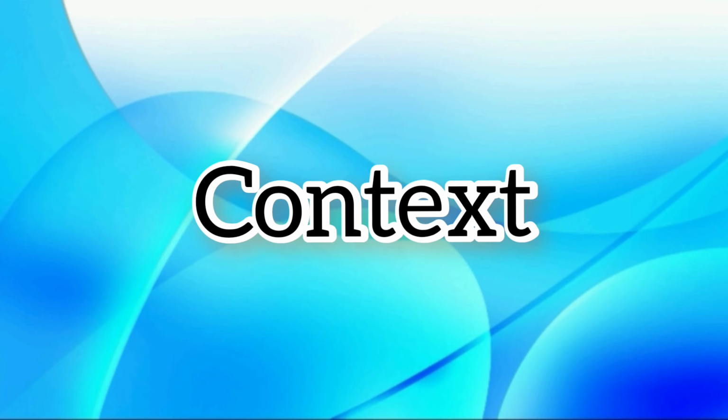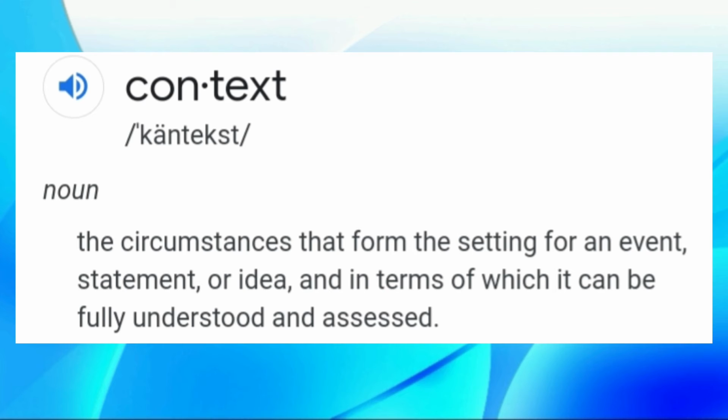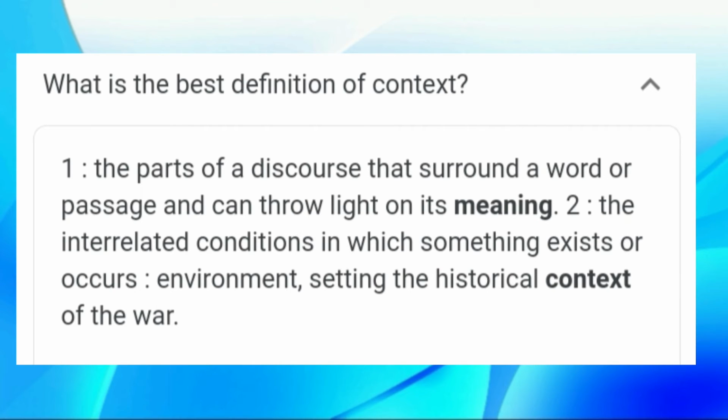So next, we have context. Context is the circumstances that form the setting of an event, statement, or idea, and in terms of which it can be fully understood and assessed. In another definition, context is the part of discourse that surrounds a word or passage and can throw light on its meaning, the interrelated conditions in which something exists or occurs, environmental setting, historical context of war.